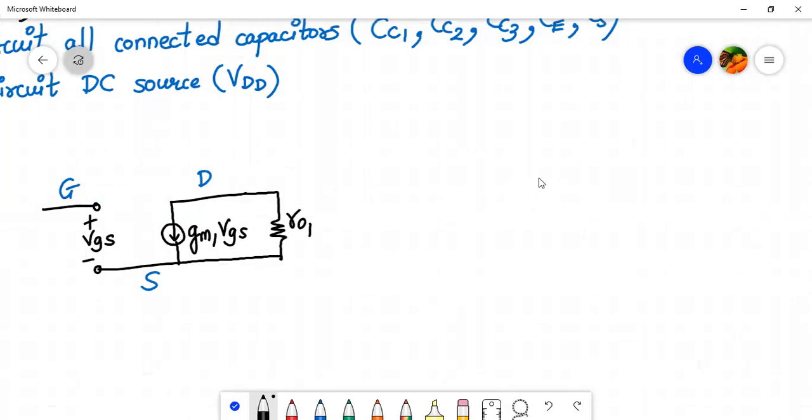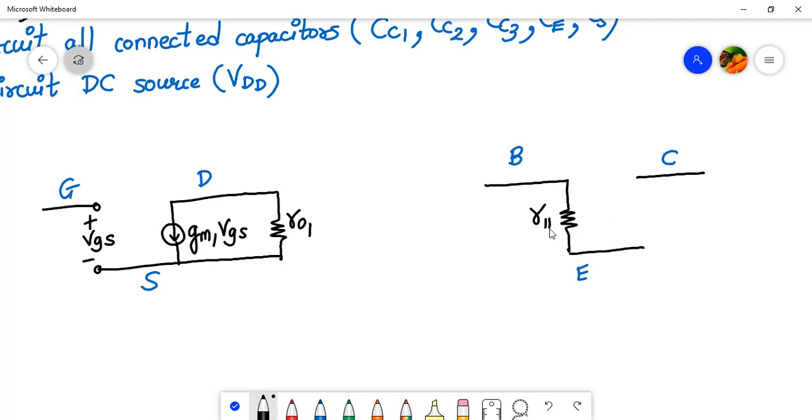Now comes the small signal model for the BJT. So for the BJT, we have base, we have collector, and we have emitter. So this is my base terminal, this is my emitter terminal, and that's my collector terminal. So in a small signal hybrid pi model for a BJT, between the base and the emitter, we have R pi.